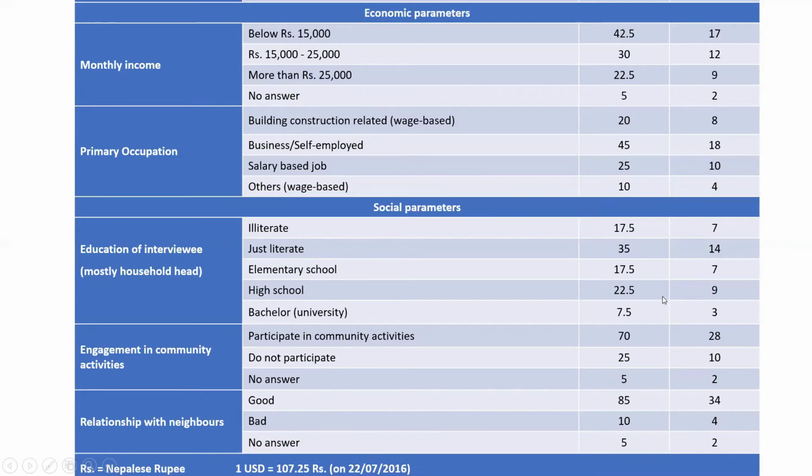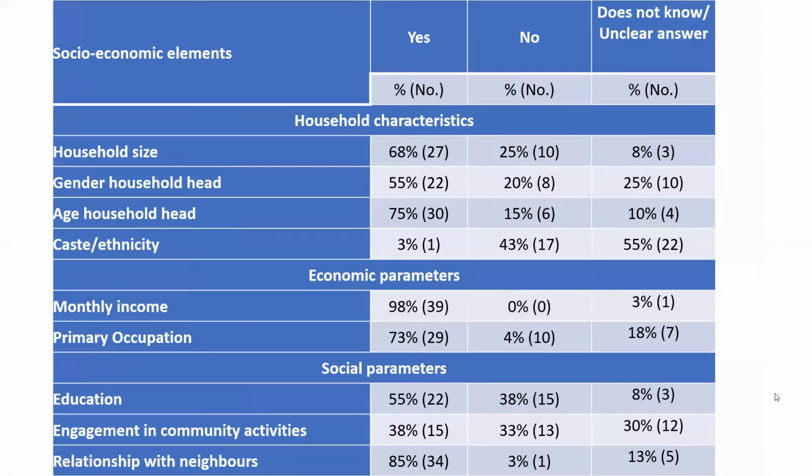I also looked at their relationship with neighbors and their engagement in community activities. This table summarizes the responses on how residents find these socioeconomic elements influential or not on their adaptation decision making.